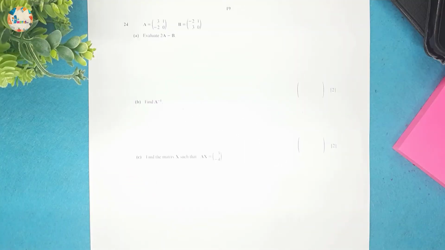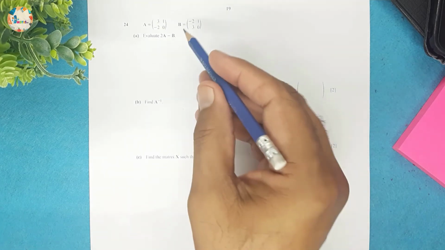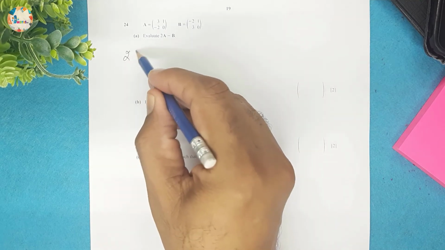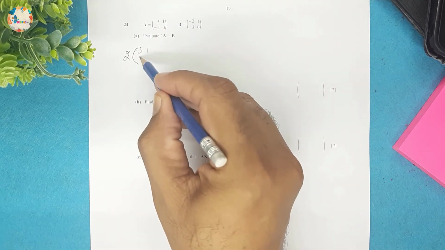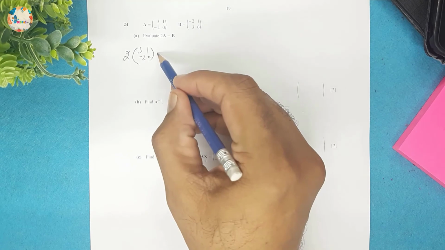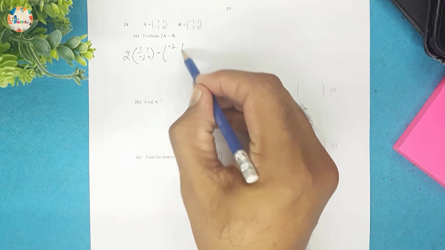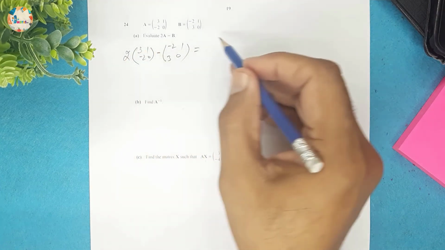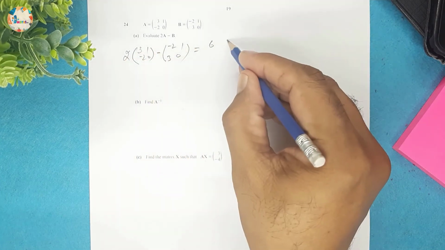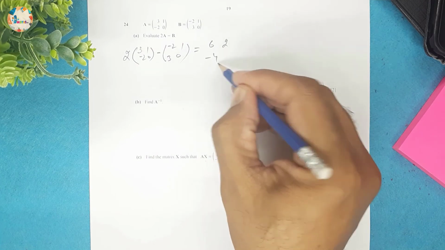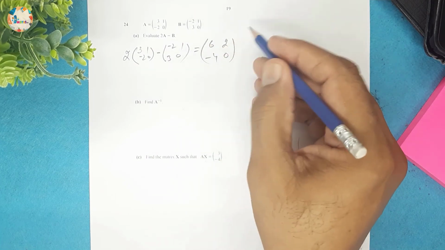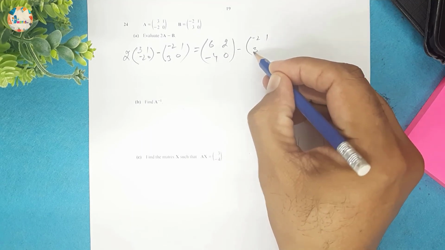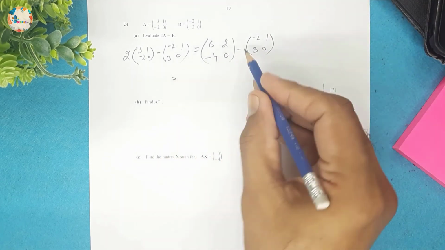This is question number 24, matrices question. A and B are provided. We have to evaluate 2A minus B. So 2 into A is this one, 3, 1, minus 2 and 0, minus this B, which is minus 2, 1 and 3 and 0. So this will be 6, 2, minus 4 and 0 after multiplication, then minus this one, minus 2, 1, 3 and 0, and then we can simplify.